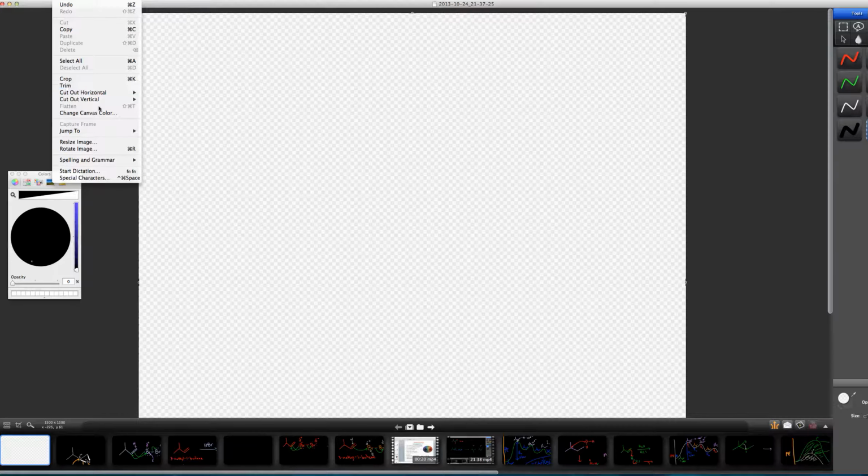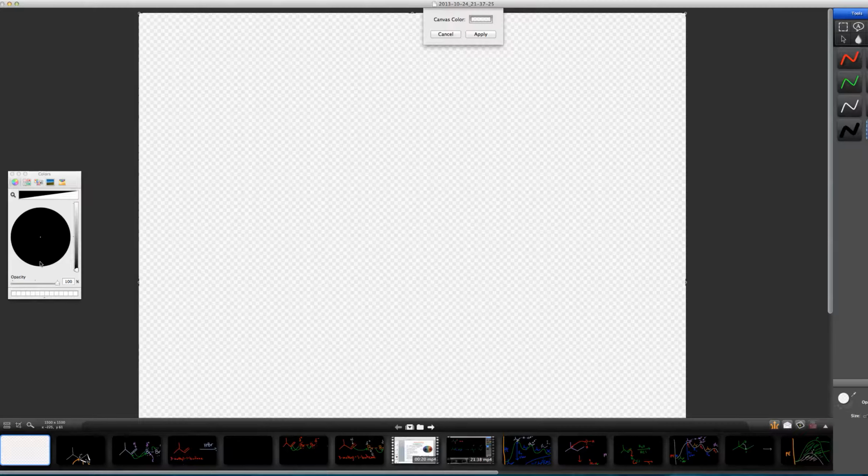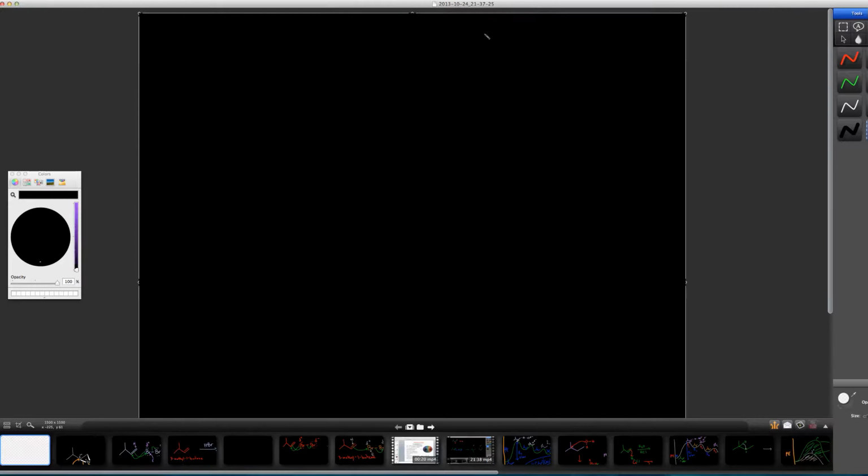As soon as it lets me change the canvas color. There we go. Same substrate. Br2, just like we had before, but now we're going to have water in our reaction system as well.